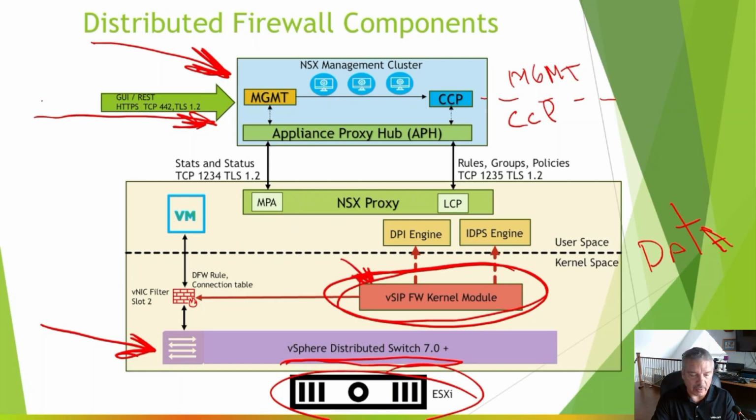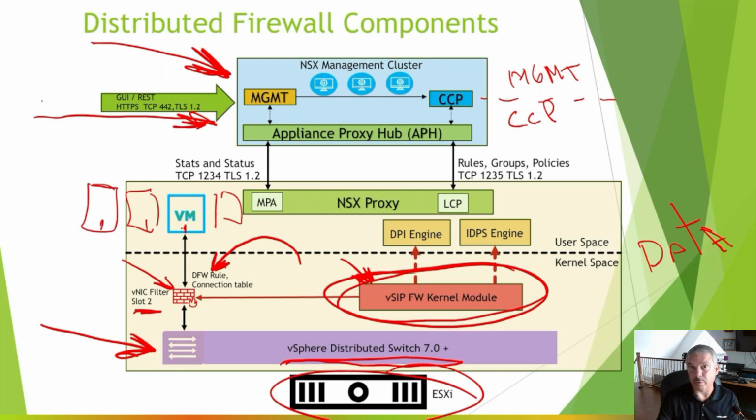Now, when I take a closer look over here, you see this firewall right here? This is a filter that's on the NIC of a VM. All your VMs have a virtual NIC, or virtual NICs, and they'll all have their own little firewall. So it's sort of like putting a firewall in front of every single virtual machine that you have, right? And that's what this filter is. And I'll show you how you can examine that.